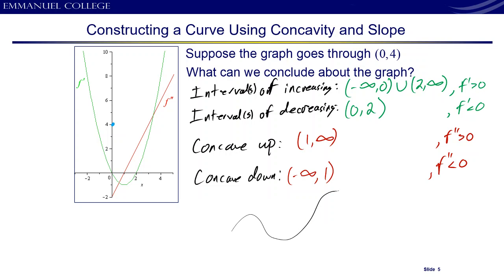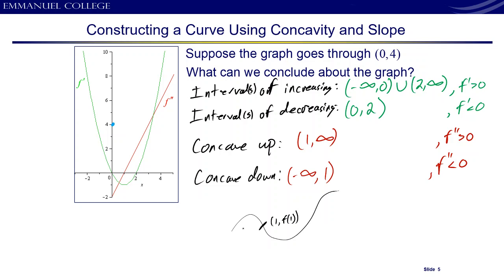So you can kind of think like with that, I need to keep that it's concave up to the right, but I need it to be concave down to the left. So this point here is going to have to be at 1, and then whatever f of 1 is.